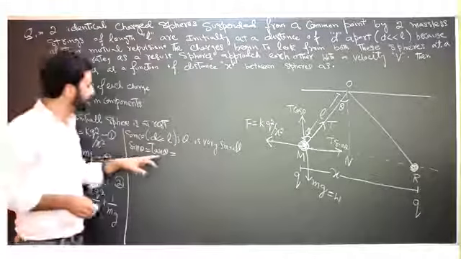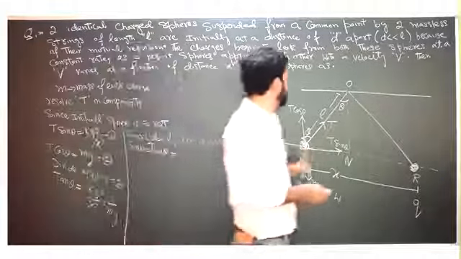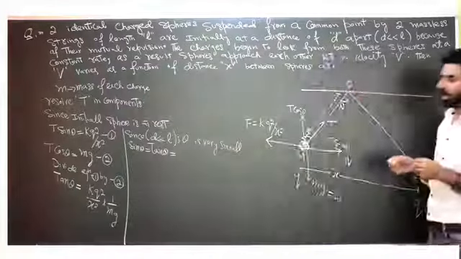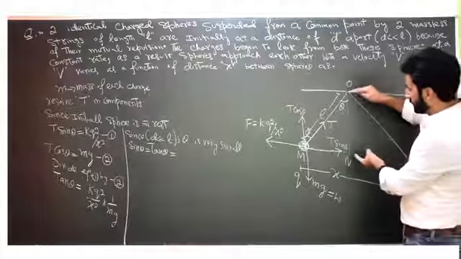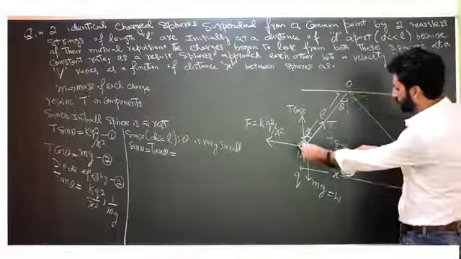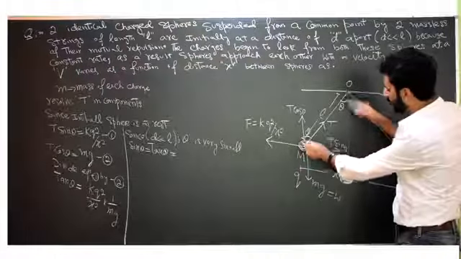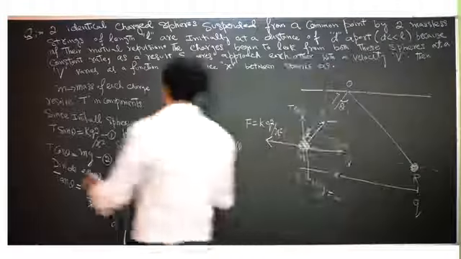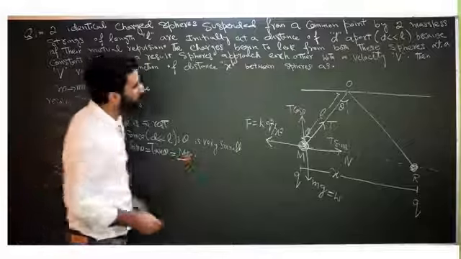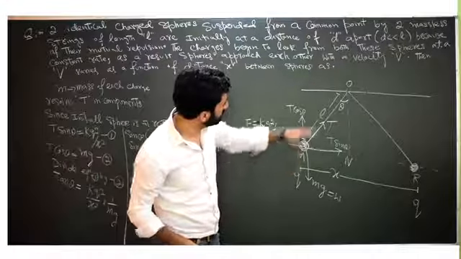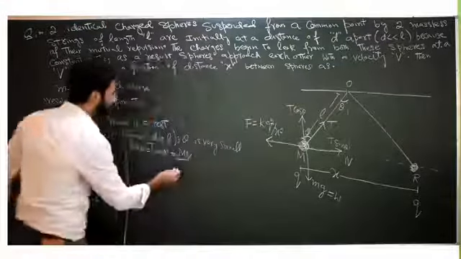And what will be sin theta? From this triangle, it will be perpendicular by hypotenuse. Perpendicular is mn divided by hypotenuse, which is om.